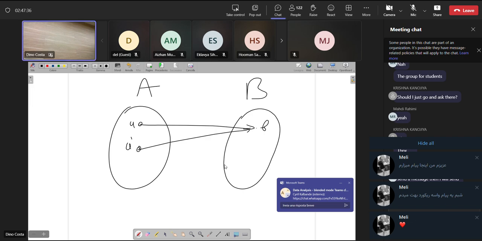For example, if our function is y equal to x squared, here a is equal to 1, a prime is equal to -1, and they map to 1. This is a possible function. We have many of these functions. Well, this function is not injective.